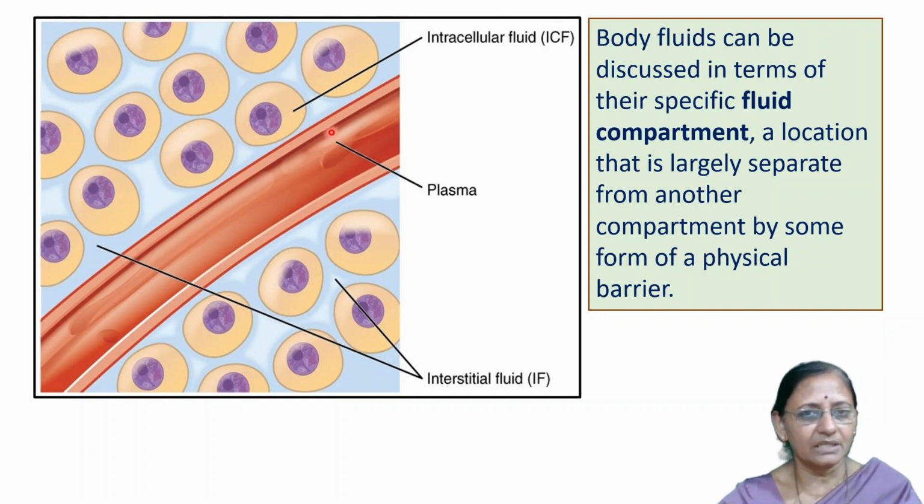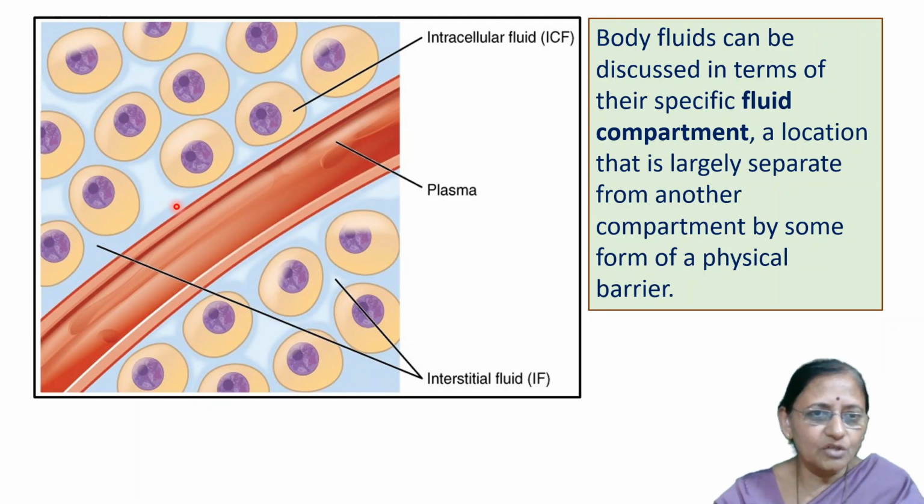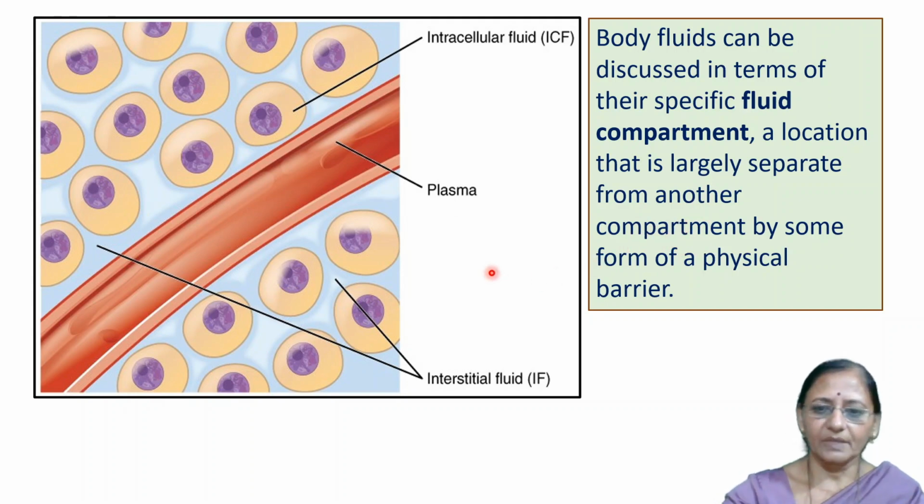Blood capillaries are porous and permeable to some substances, so substances are exchanged from cell to interstitial fluid and from interstitial fluid to blood plasma. These are the physical barriers. Do you understand this?